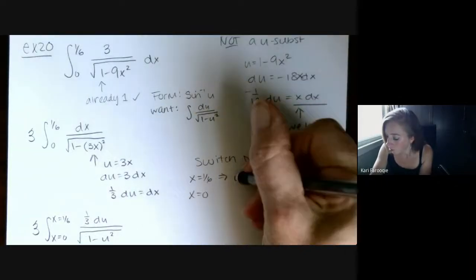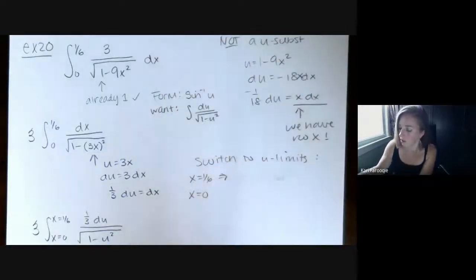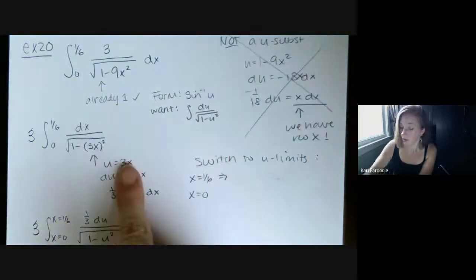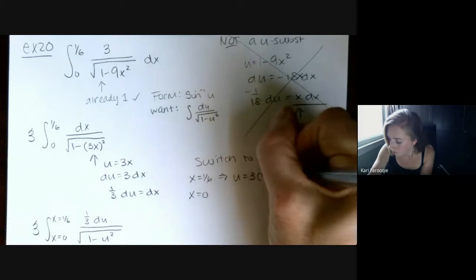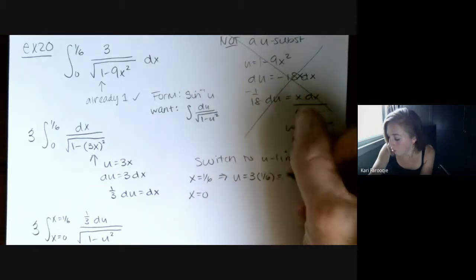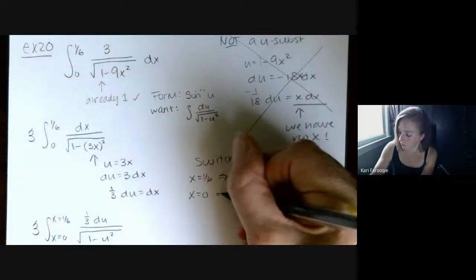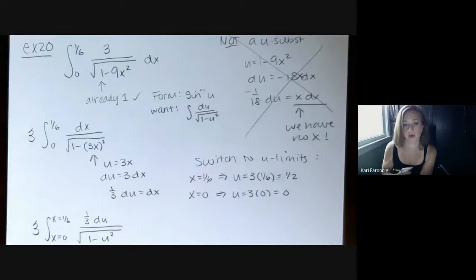I was just looking at my u here. I should have x'd that out as a do not do. U is 3x. 3 times 1/6 is 1/2. 3 times 0 is 0.